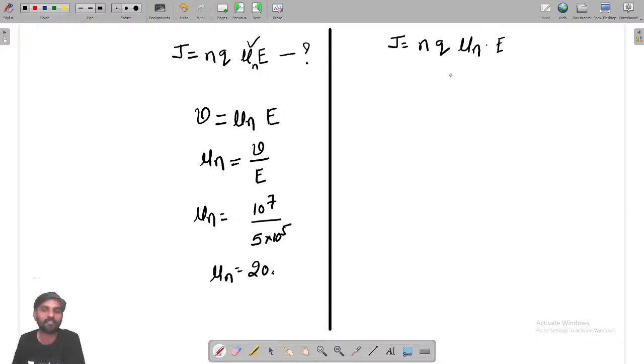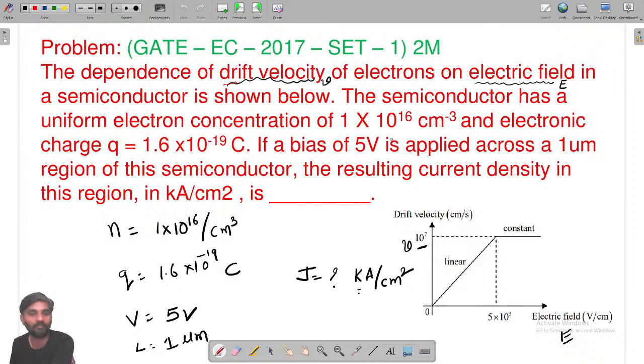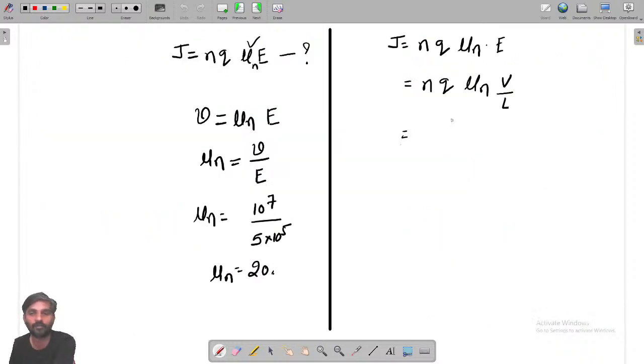Did he give E, sir? No, he did not give E directly. But what he's saying is J equals N Q mu n into V by L. So what is the value of N? 10 to the power of 16.